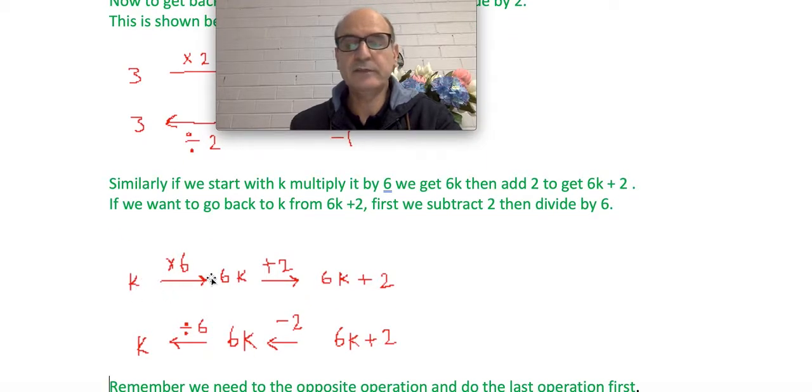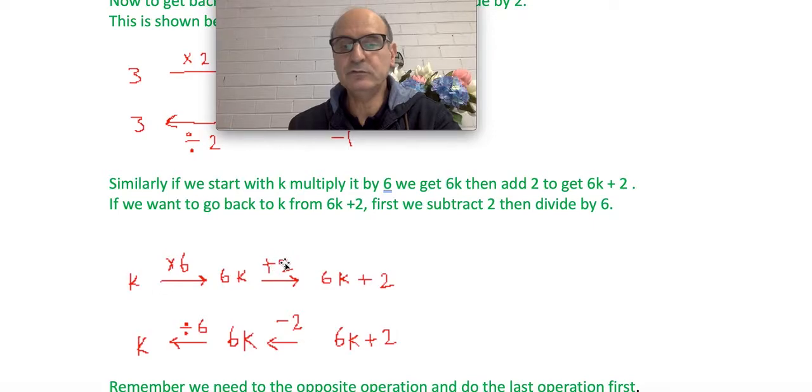Let's do the same with a pronumeral. So you have k, you times it by 6. You get 6k. Then you add 2. You get 6k plus 2. Now I want to see how I can go back from 6k plus 2 back to k itself. So I start with 6k plus 2 and I do the opposite operation.